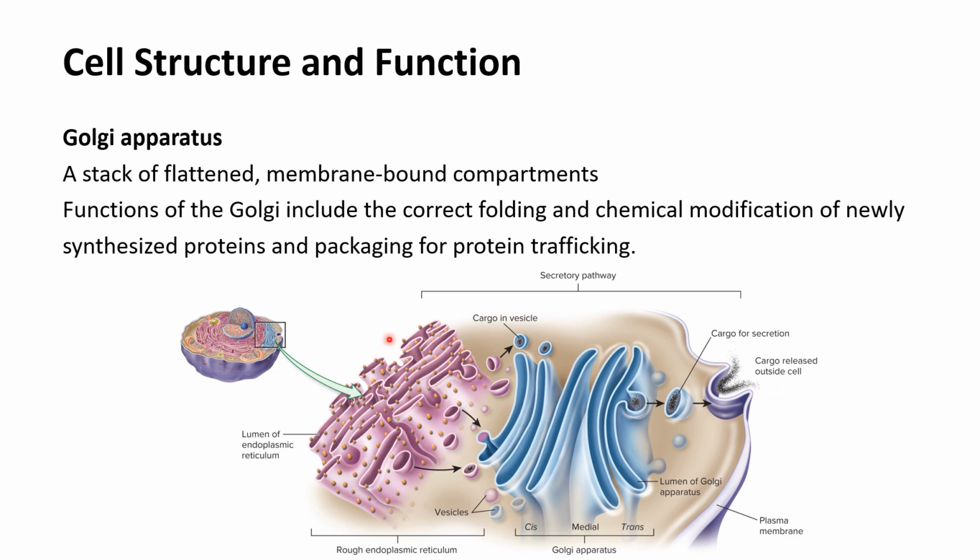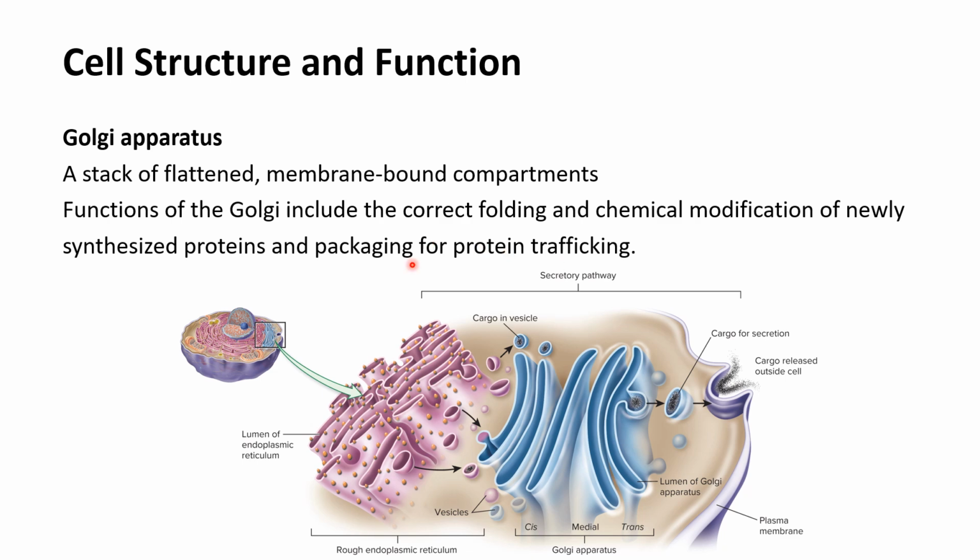This whole diagram is showing you what we call the secretory pathway. Basically, this is how your cell will make chemicals that need to be secreted outside of the cell, such as neurotransmitters, like norepinephrine and dopamine inside your brain, but also the release of certain hormones and digestive enzymes from the cell.